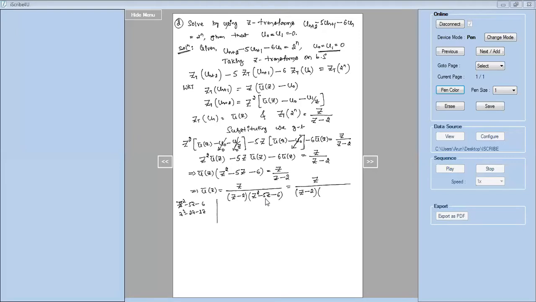Or 6 into 1, 6. You can write this as z square minus z plus 6z, or plus z minus 6z. Minus 6, so plus into minus 6. Okay, minus 5. Z common, it is z plus 1. Minus 6 common, it is z plus 1.